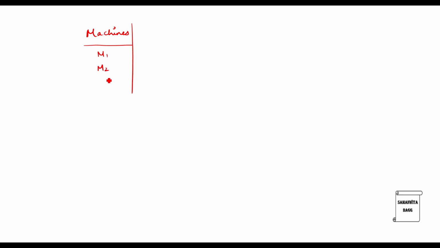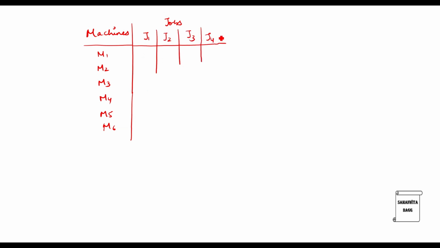This is M1, M2, M3, M4, M5 and M6. Here there are jobs. So we have J1, J2, J3, J4, J5 is given. So we are going to add J6, the sixth one.